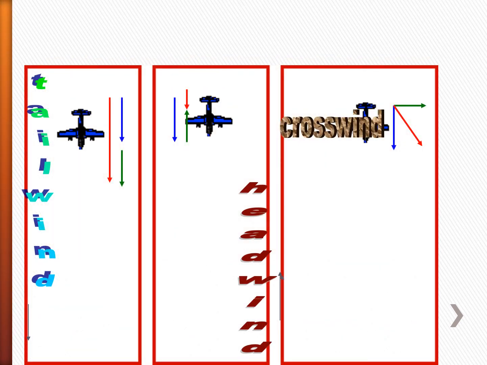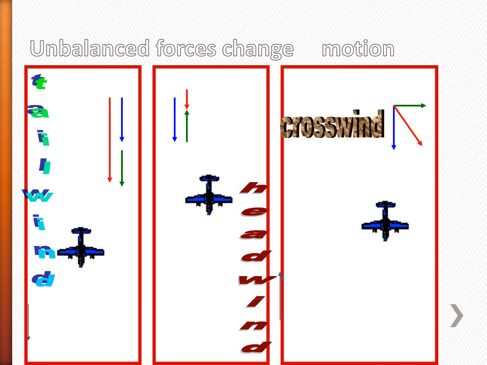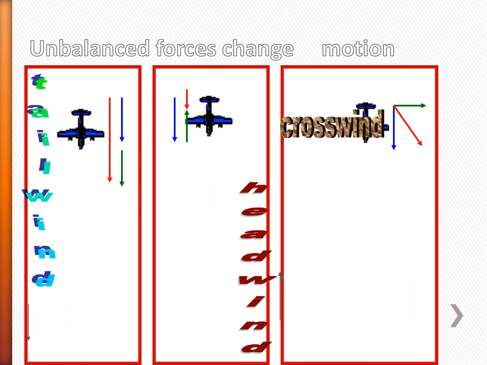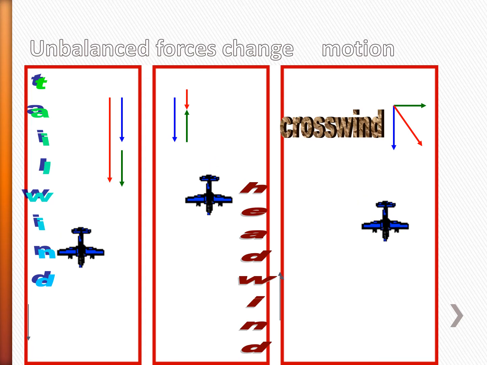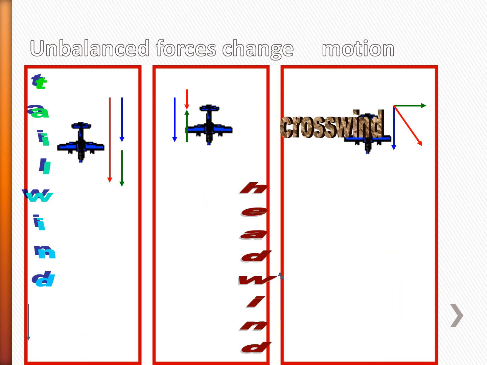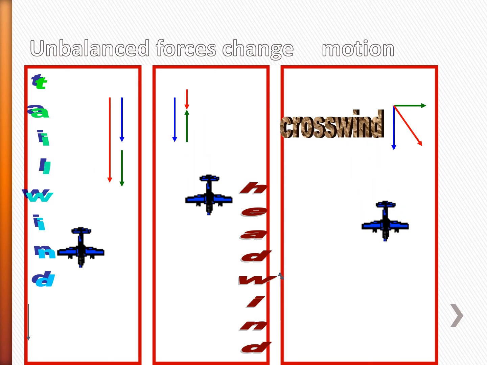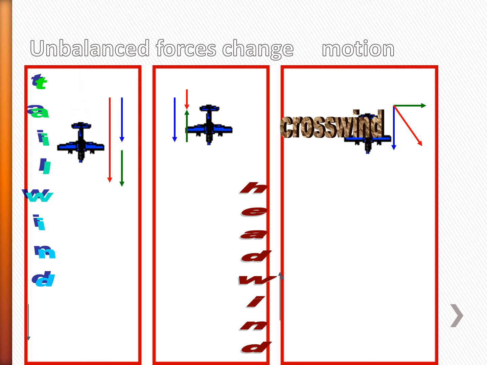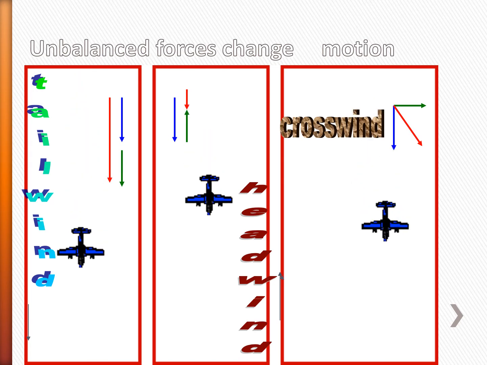The unbalanced force changes the direction of a moving object. Just like the airplane, it undergoes a change in direction because of the unbalanced force from the wind and the atmosphere.